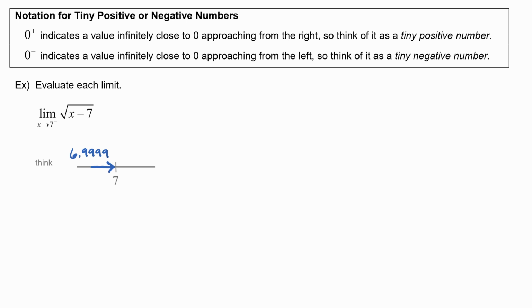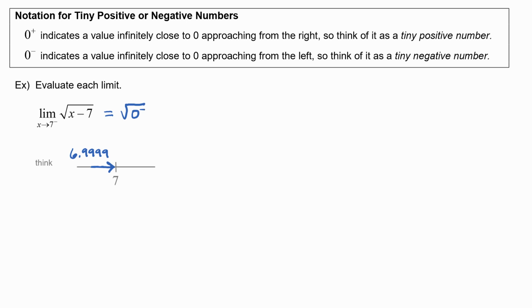You're getting infinitely close to 7 through numbers that are smaller than 7 because you're coming in from the left. If we were to take 6.9999 and subtract 7, we would get a tiny little negative number. So we can write this as the square root of 0 minus.